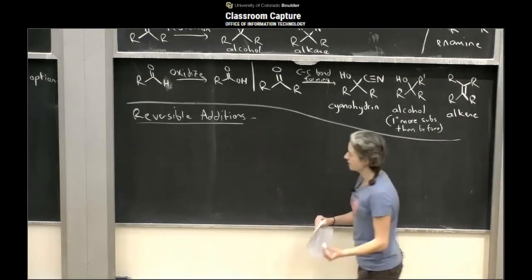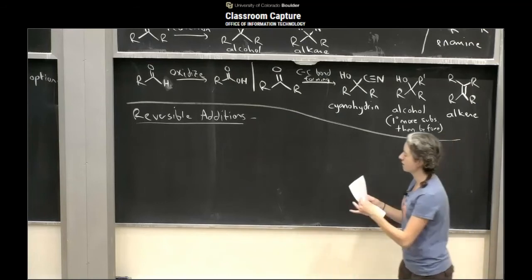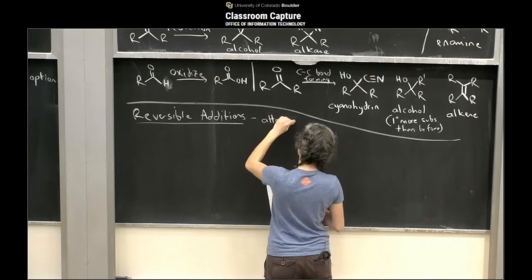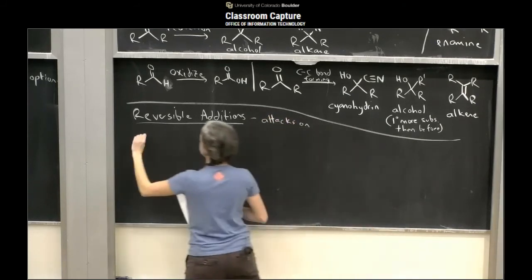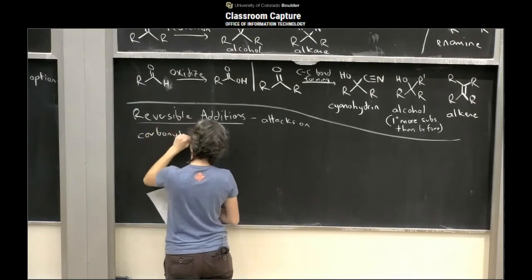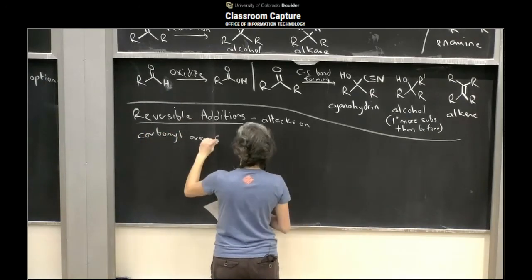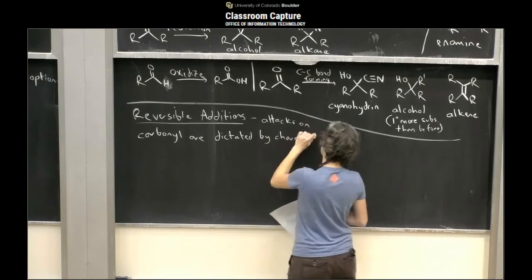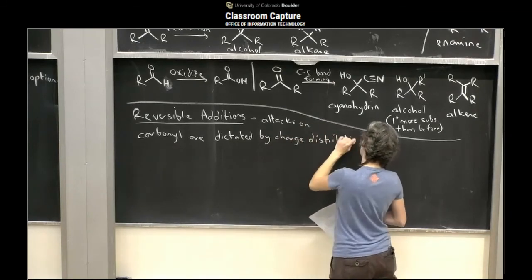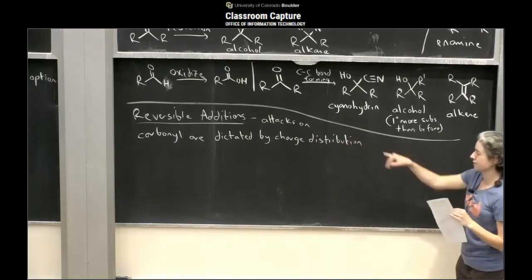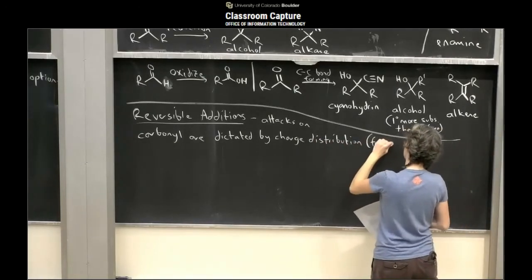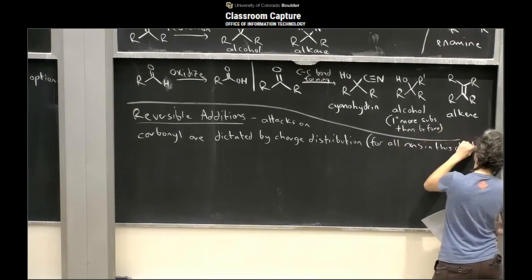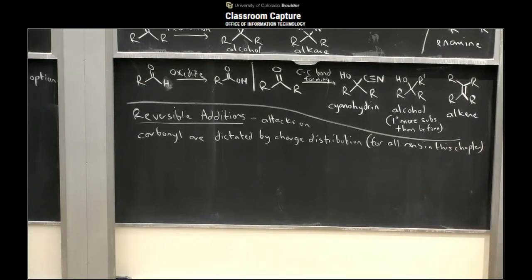But a big theme in this chapter for most of the reactions we're going to look at is that attacks on the carbonyl are dictated by the charge distribution. By the way, this is not just for reversible additions. This is for everything in this chapter, and I guess the next 2 chapters as well.